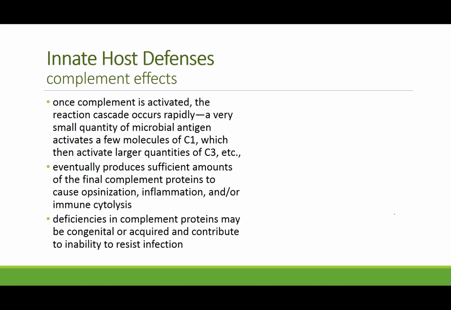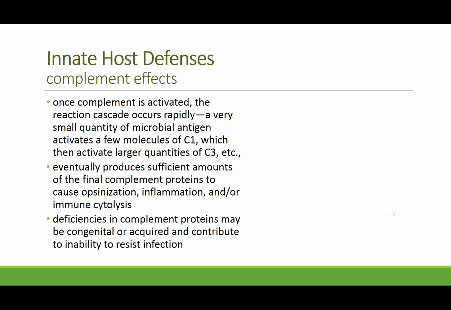So once complement is activated, that reaction cascade occurs rapidly. And just a small quantity of the microbial antigen, as we were saying before, can activate just a few molecules of C1, which then will activate even more of the next complement protein and more until we have this huge quantity of whatever the final proteins are that cause opsonization, inflammation, or immune cytolysis.